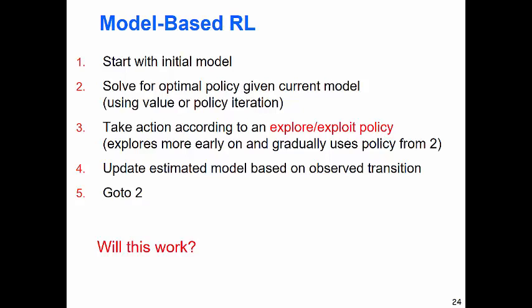So we saw that one way that guarantees correctness is you act randomly for a very, very long time. To make explore-exploit policies work, you always need to guarantee that there's never a state-action pair that your policy will not be able to reach. So there's always a non-zero probability that you'll be able to take a certain state-action pair.